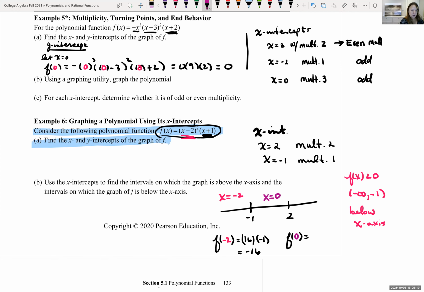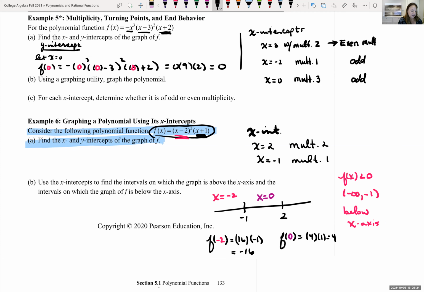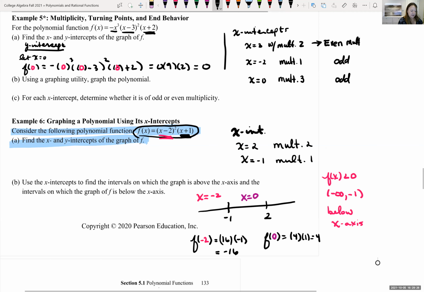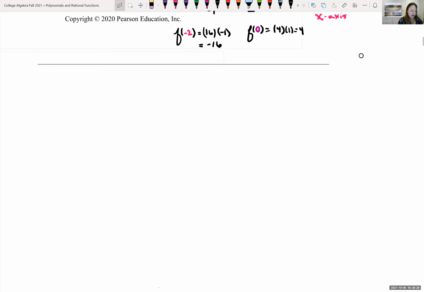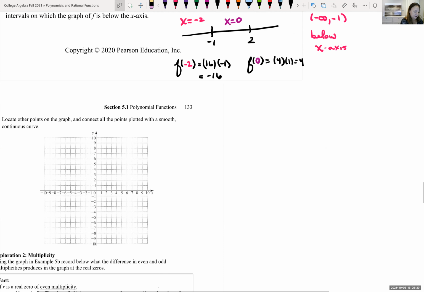We have negative 2 quantity squared, which is positive 4, and then 0 plus 1, so that's 1. So this is a positive number. So I know that between the x values of negative 1 and 2, the graph falls above the x-axis.